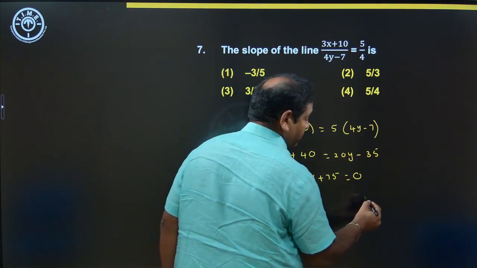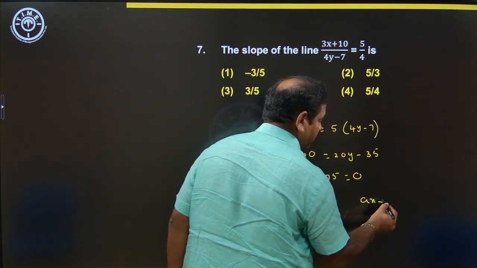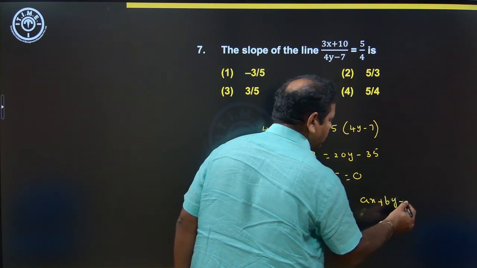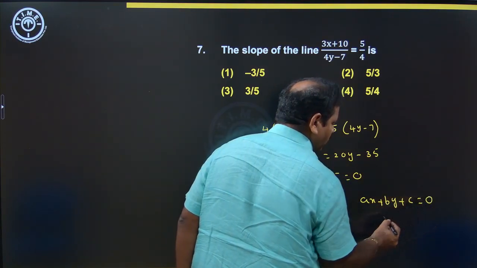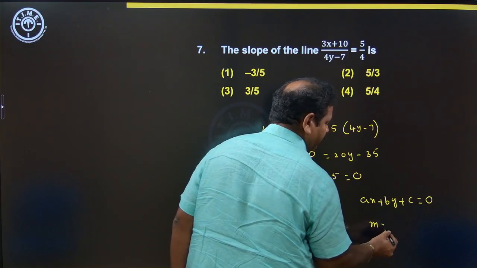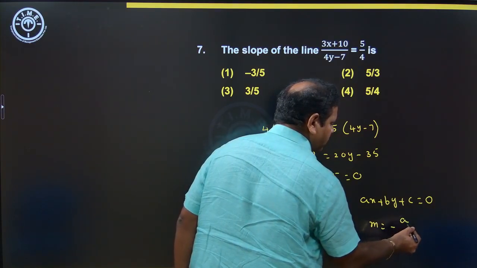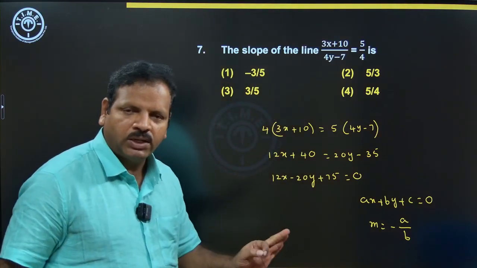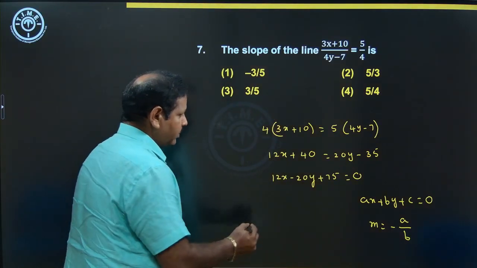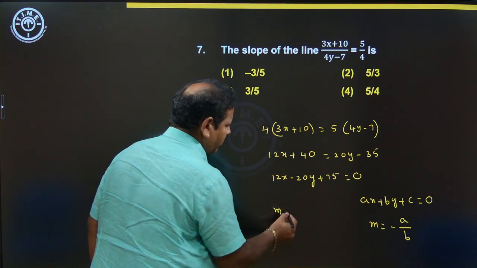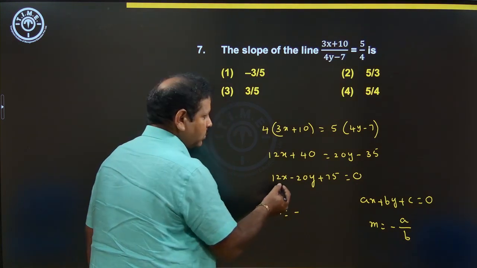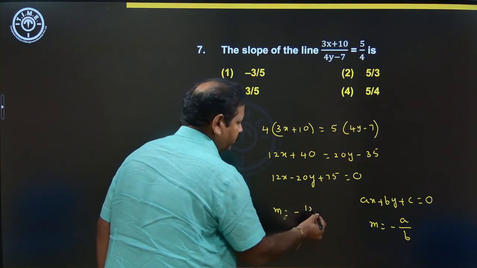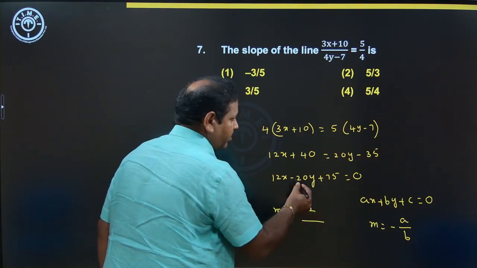Is it like a standard form? Straight line general form: ax plus by plus c is equal to 0. What is the slope of this line? Slope denoted by m is minus coefficient of x by coefficient of y, is the formula. So m is equal to minus, write the minus first, coefficient of x is 12 by coefficient of y, minus 20.